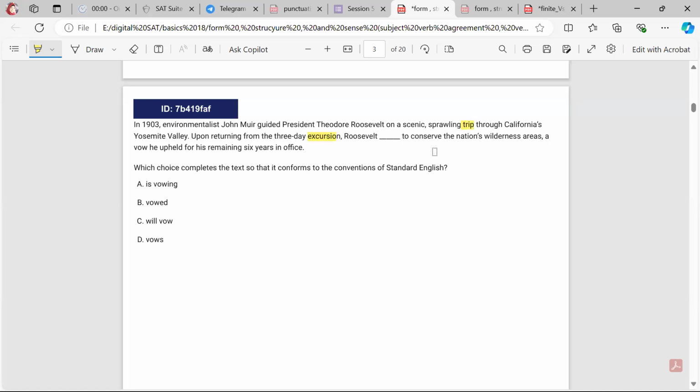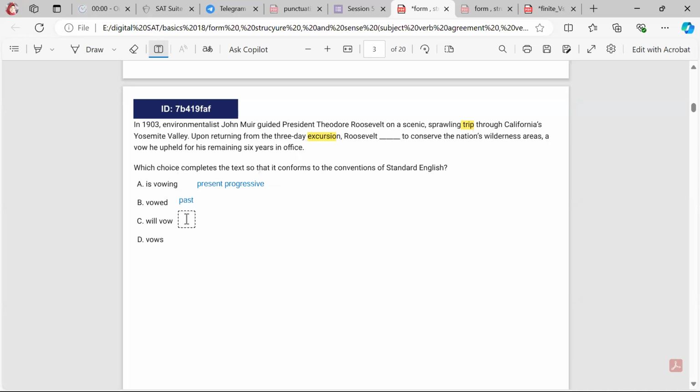Roosevelt vowed to conserve the nation's wilderness areas, a vow he upheld for his remaining 6 years in office. Now, I have vowing, vowed, will vow, and vows. All of them are in different tenses. Vowing is present progressive. Okay, vowed, that's past.